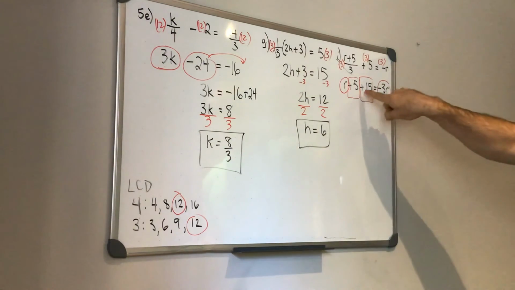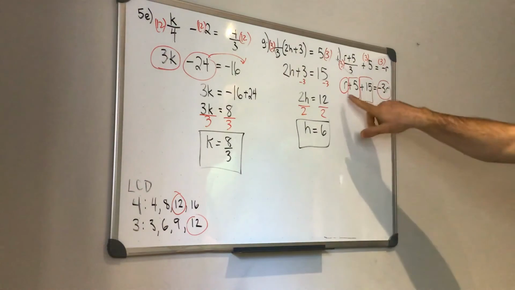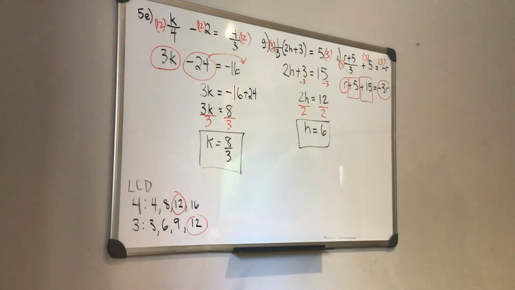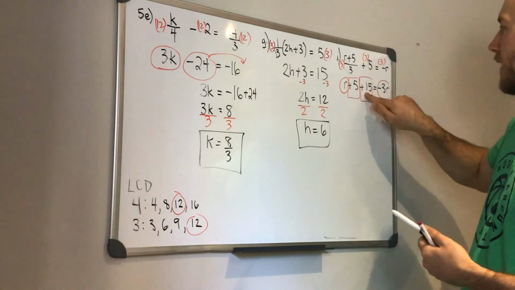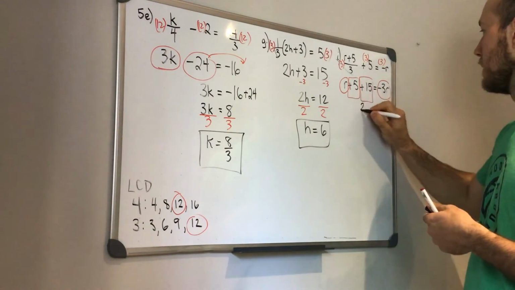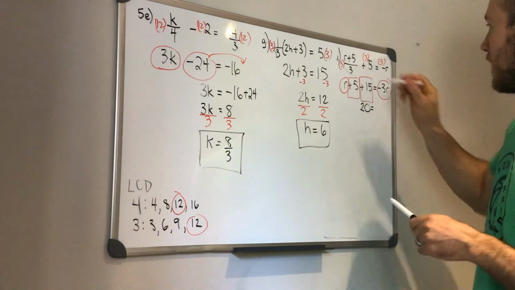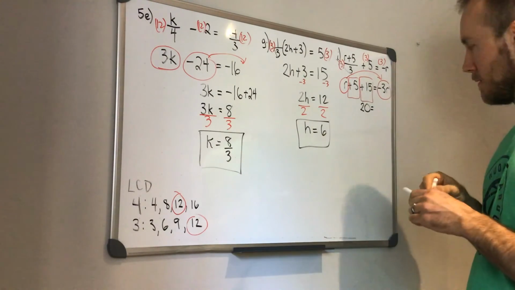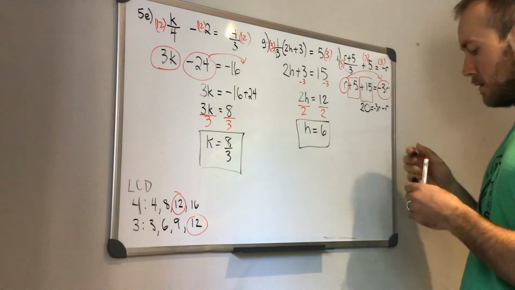Since the constants are already on this side, I'm just going to leave them. So that means we just got to move this r to the other side to make this work. We have a plus 5 and a plus 15. That would give us 20. If I move this positive r to this side, I'm going to have negative 3r minus r.